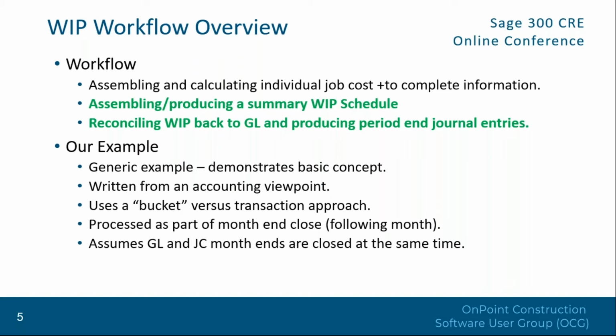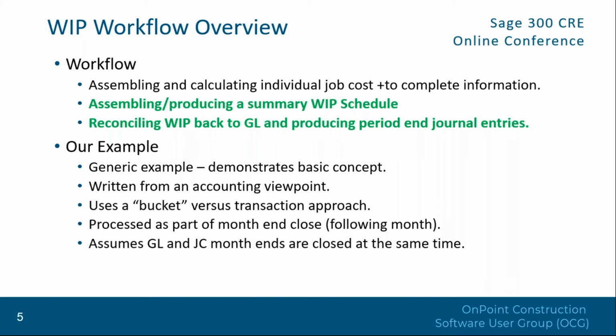So the example I have is a very generic example, and it would probably be good for somebody that, let's say, had between 50 to 100 jobs open at the end of every month. If you're a service company and you have hundreds of jobs a month, we would have to modify this and automate it much more, because there is some manual entry to this. And it's very hard to fully automate these unless you really know the nuances of all the systems.